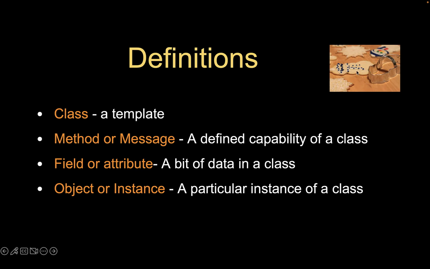So each of these is an instance of a cookie, and it looks like there may be snowman cookies or Christmas tree cookies. I can't tell what this one is. And so the cookie cutter metaphorically is the class, and then the cookie, having been stamped out, is the instance.